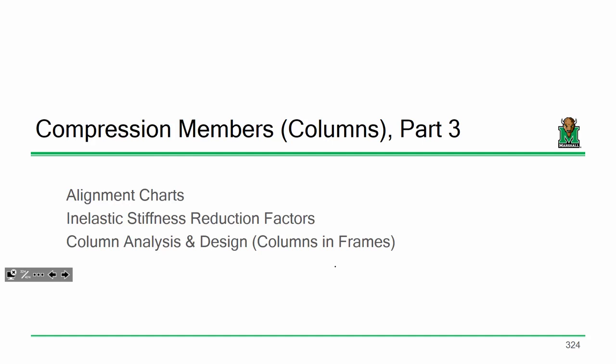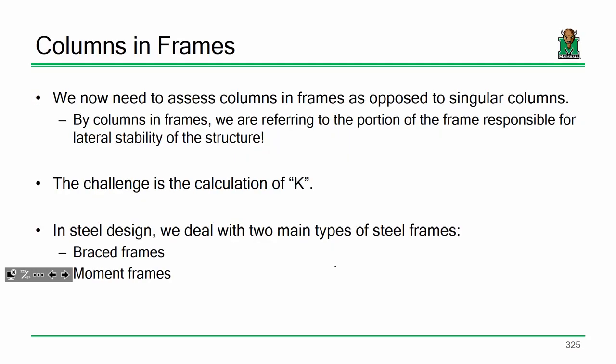Now, here's the confusion. There is a difference between how what I'm calling a singular column behaves and how a column in a frame behaves. Let me introduce the concept by saying that for everything we have done up until now, if we ask what's the difference between doing a problem with a column by itself and a column in a frame, the only difference is K. Everything else is the same.